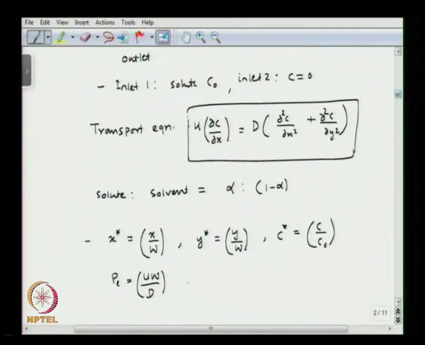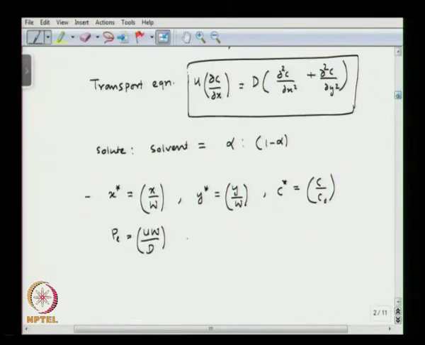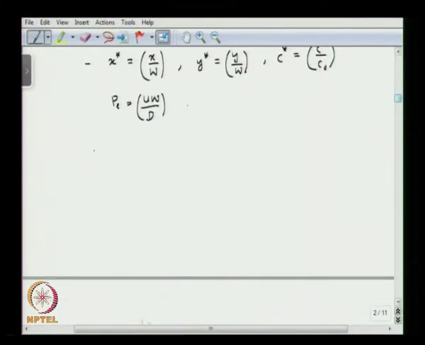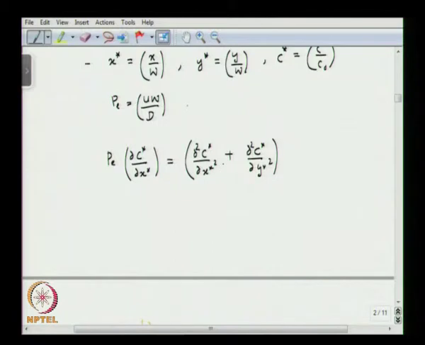So using these non dimensional parameters, you can write the transport equation. So the transport equation becomes Peclet number into del C star over del x star will be equal to del square C star over del x star square plus del square C star over del y star square, okay.